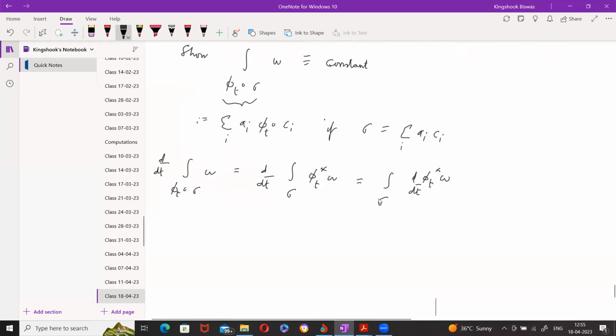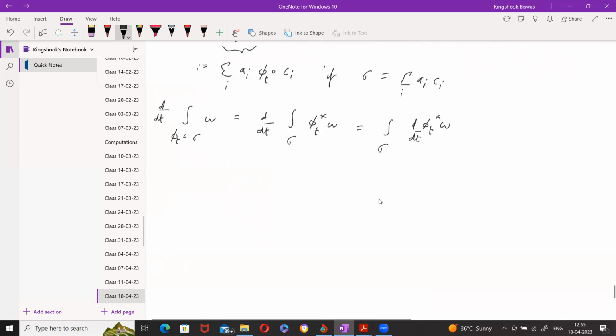We know d/dt of phi t star omega is phi t star of L_X omega. And what is L_X omega? By Cartan's formula, it is d of I_X omega plus I_X of d omega, but d omega is 0. So this is d of I_X omega.